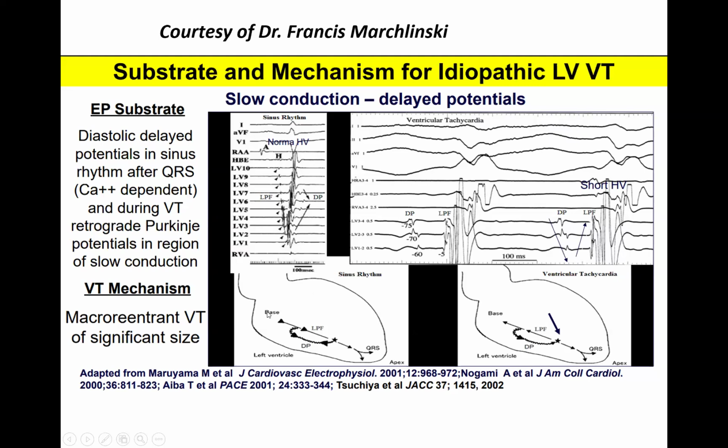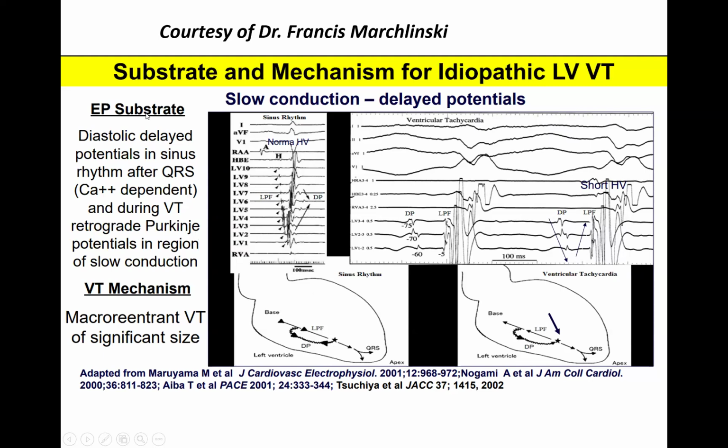From the base, the impulse goes through the left posterior fascicle, reaches the exit site, and then goes to the apex. Our diastolic potential is much slower than the left posterior fascicular impulse propagation, so it slows down and does not initiate the VT. But if there is a VT, the left posterior fascicle and the diastolic potential form this reentry.